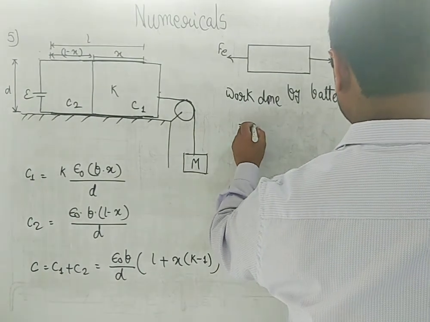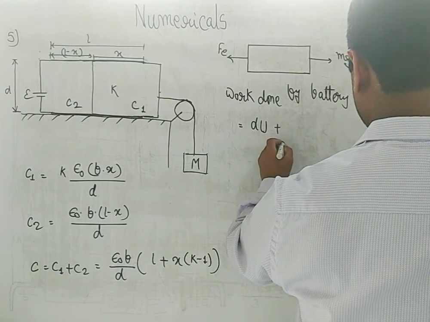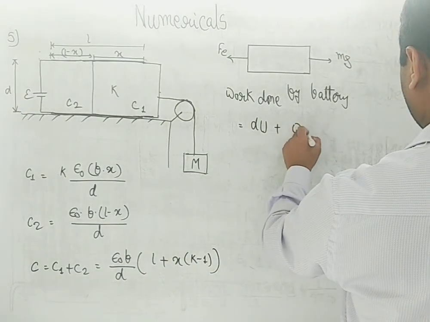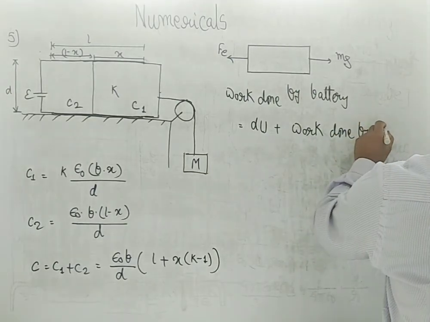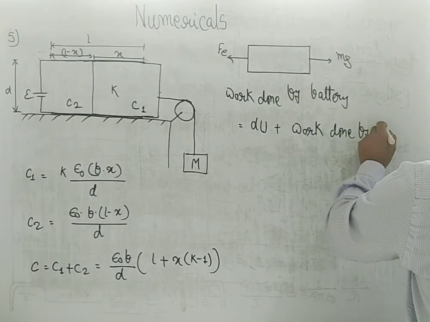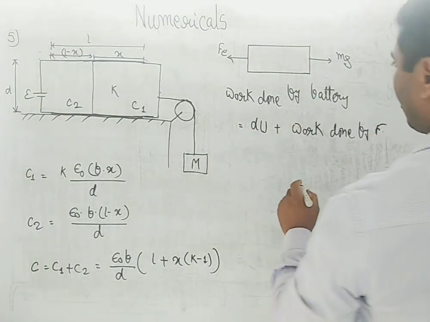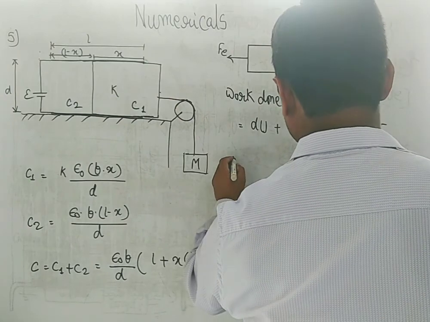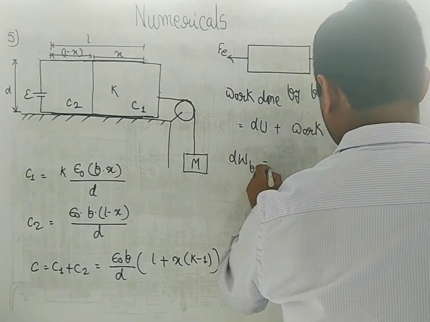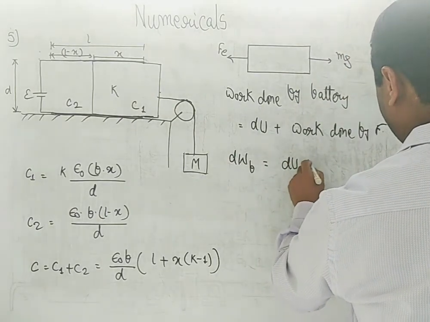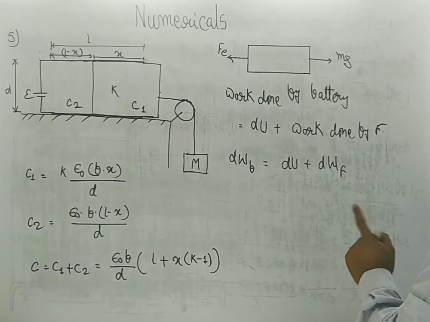That will be equal to the change in electrostatic energy plus the work done by the force F. Let me call the work done by the battery dWB, the energy change dU, and the work done by the force dWF.